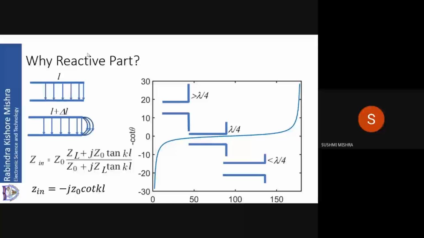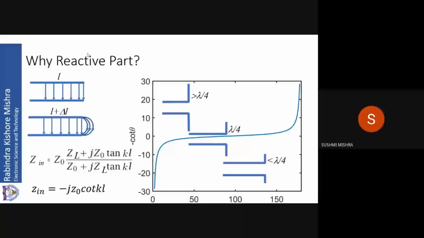We did the calculation assuming each side to be lambda by 4, and that is where we get into problems. Since it is actually slightly more than the value we have taken, there will be a reactive part which is inductive in nature.